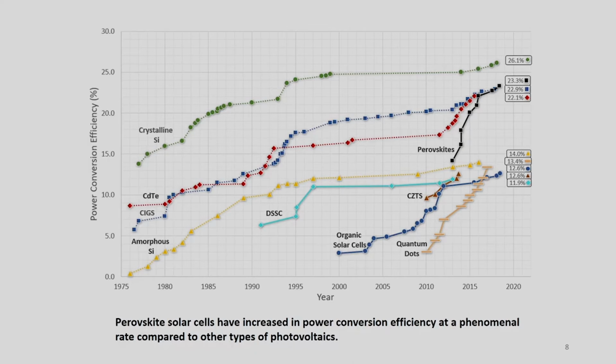This figure shows the comparison of perovskite solar cells with other solar cell technologies. The vertical axis shows power conversion efficiency and the horizontal axis shows years. As you can see, the development of all those solar cells is steadily increasing. But if we look at the perovskite solar cells, the rate of increase of power conversion efficiency with time is very, very high.